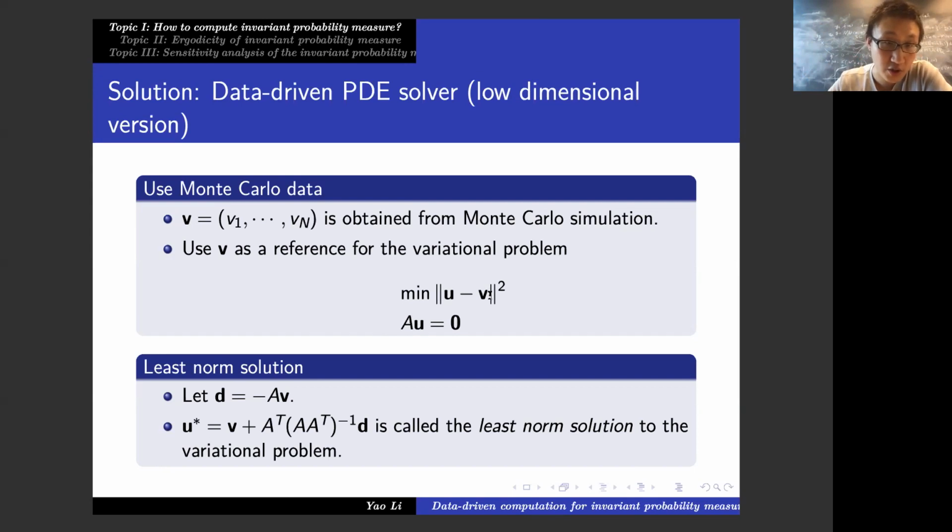This is called the least norm solution, and it can be explicitly solved. It is just V plus A transpose inverse times D, where D is minus AV. You don't have to remember the formula, but what it actually does is project V onto this hyperplane, onto the kernel space of A.